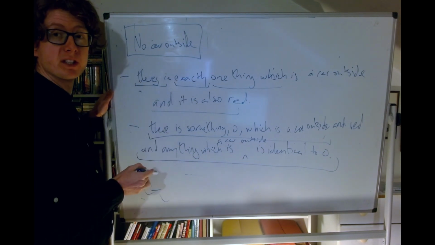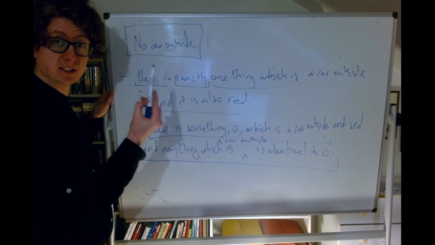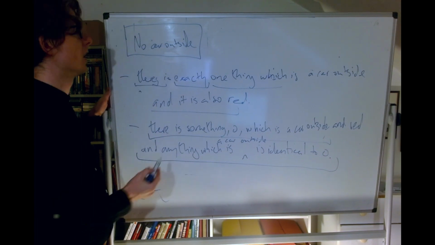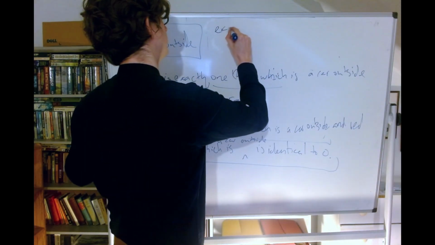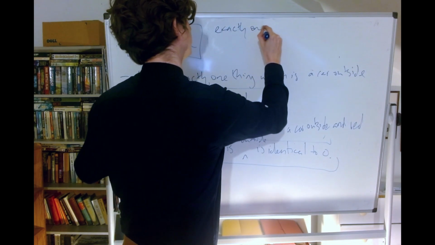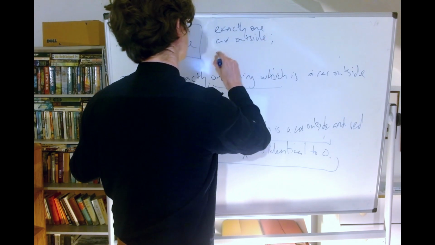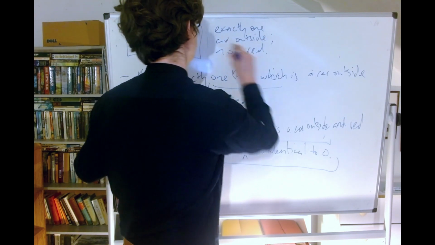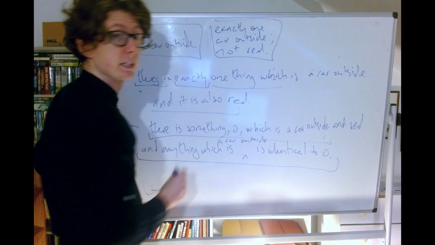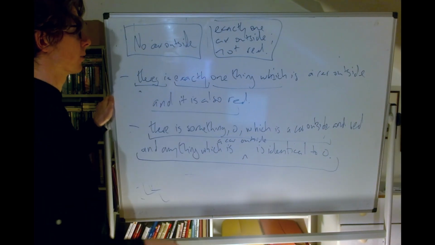The second way for this to be false is if there is exactly one car outside, but it's not red. It's pretty clear why the sentence is false in that situation.